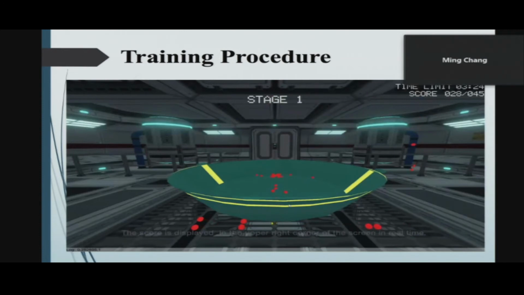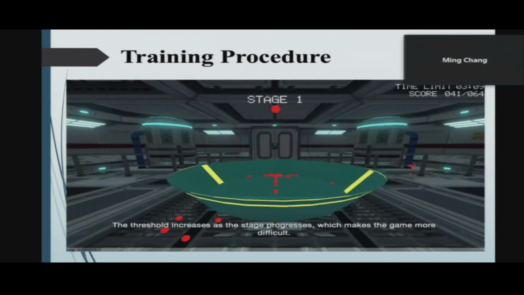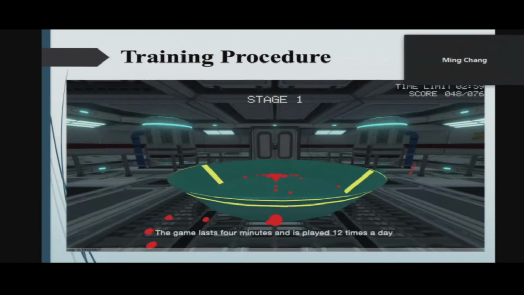When subjects toss more than half the balls into the bowl, they move to the next stage. There are 4 stages, and as the stage progresses the game becomes more difficult. It is played 12 times a day.